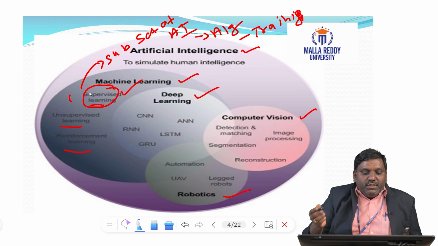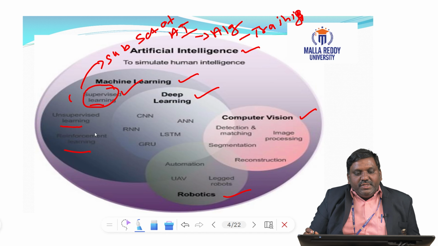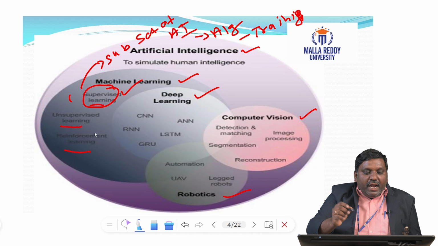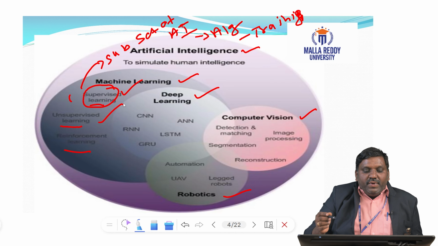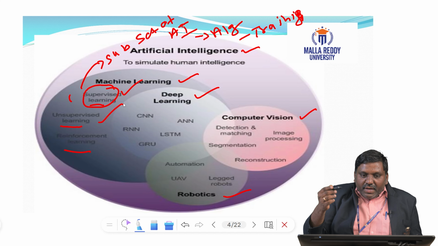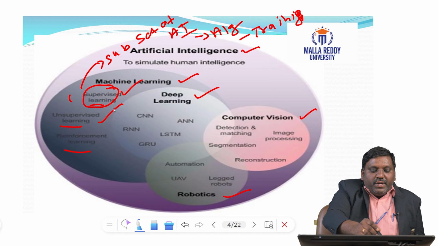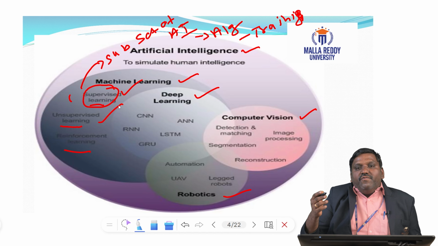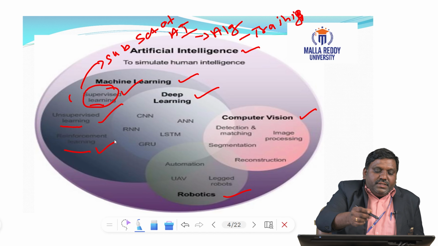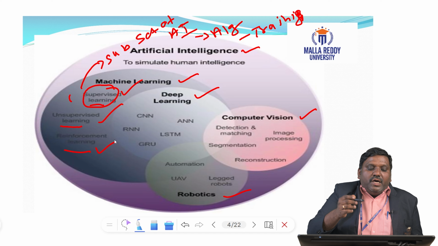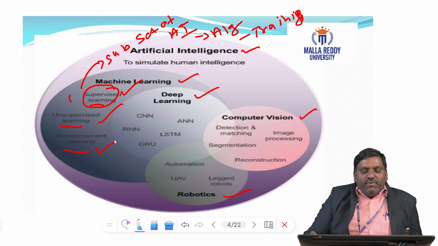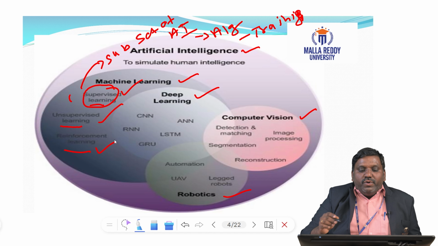Then unsupervised learning: here we have sets of data, and the data may be in the form of real-time data. We process all that data, and that concept is known as unsupervised learning. Then reinforcement learning: we use the learning process again and again, and that process is known as reinforcement learning.